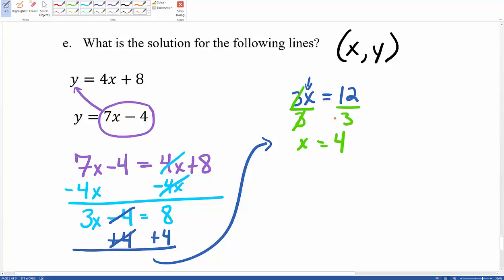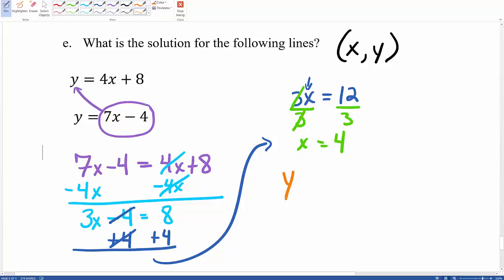Now that we've found our x value, what we need to do is find out what our y value is. It doesn't really matter which one we throw it in. We can throw it into this line or this line because they will cross at the same x, y point. So it doesn't matter which one we choose. Let's throw it into the top one.